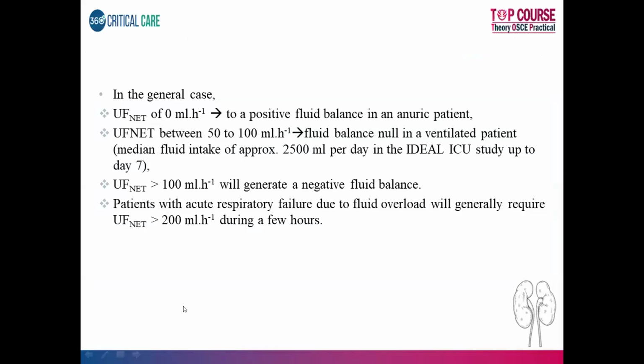But one thing you have to remember is, in most of the studies, especially RENAL and ATN, they saw that they reached this dose in about 85% of patients. But 15% of patients would not be able to achieve this dose. Why? Because of treatment interruptions. The patient might suddenly become hemodynamically unstable, or you want to take the patient to CT or MRI.